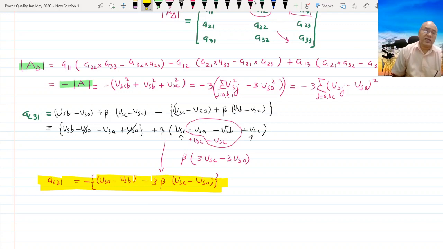Similarly, we can find out AC32. Now, it must not be difficult for you to guess what is AC32. Same thing, advance one more subscript. So Bsb minus Bsc, close this bracket, and minus 3 beta Bsa minus Bs0.